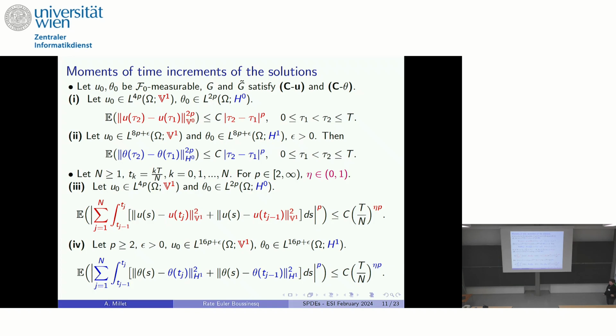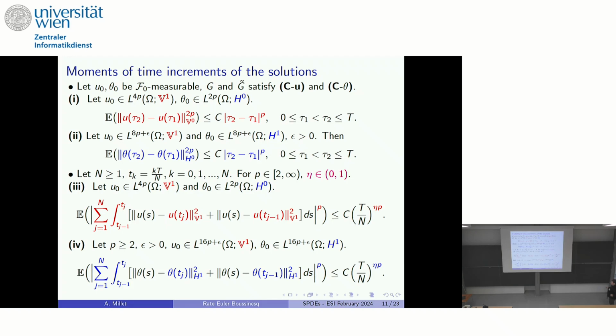And that's the case. The only bad news, but it's not so bad, is that here I lose a bit. Instead of having T over N to the p, which I might have obtained here, I have T over N to the eta p, and eta is strictly less than 1, but of course it can be as close to 1 as I want.